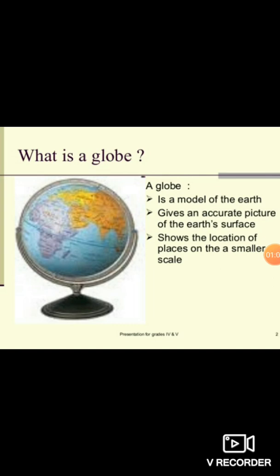Geographers have developed different means of representing the earth on a smaller scale to make it easy to study. Among them, globes and maps are very important.